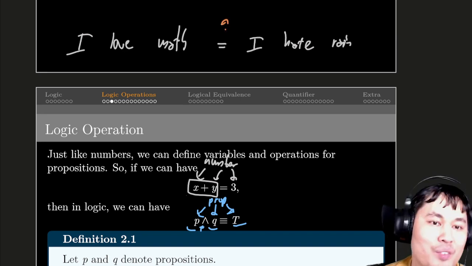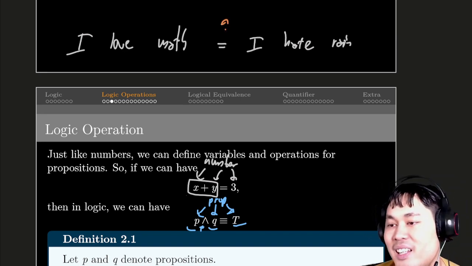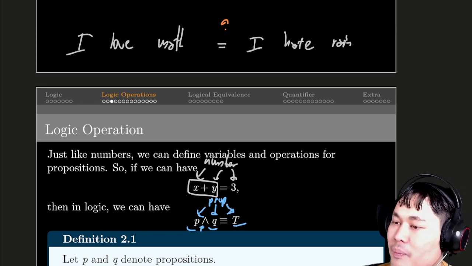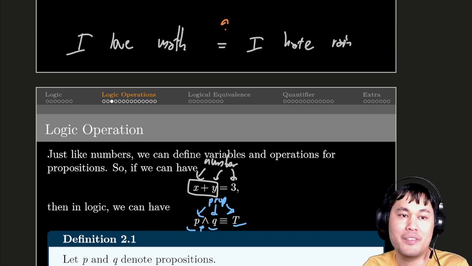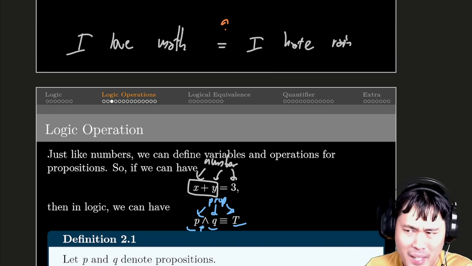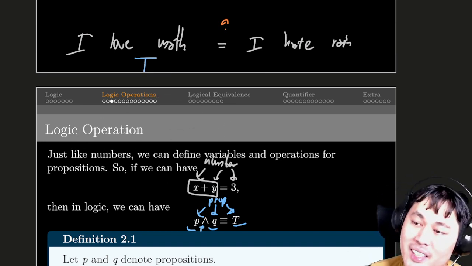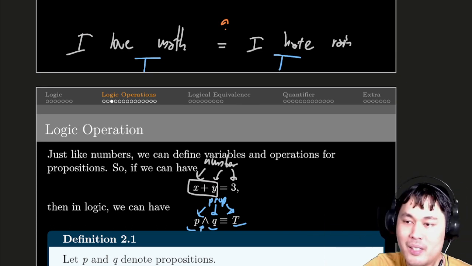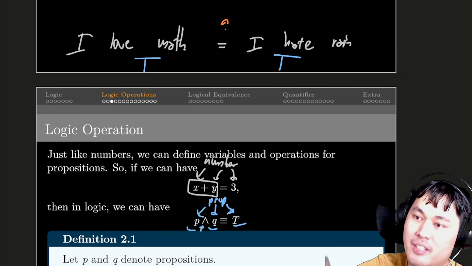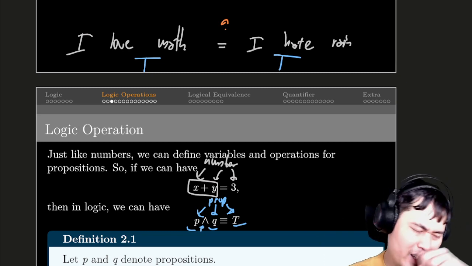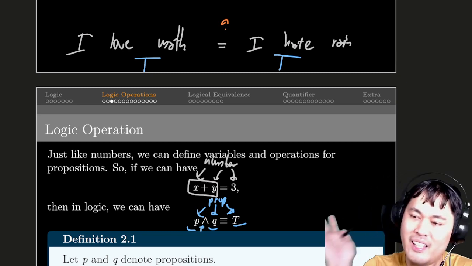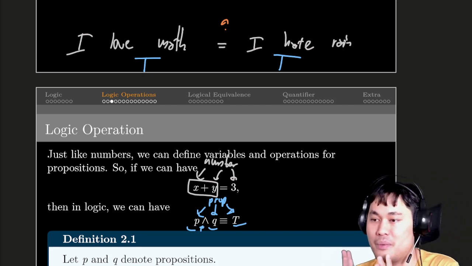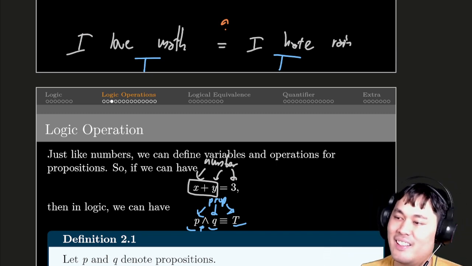If you see this on the board, you will say what? It's kind of nonsense, right? I love math doesn't have the same meaning as I hate rain. But in logic, they are both true. The proposition on the left and the proposition on the right have the same truth value, but they are not the same statements, as you can see.